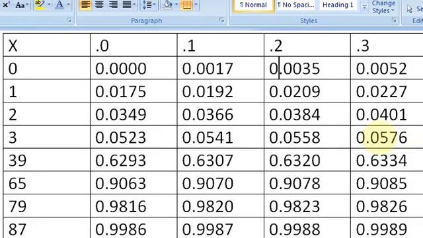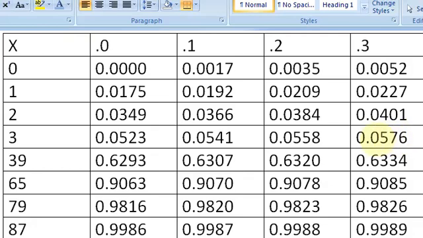What we are now going to do from here is trace it horizontally. Remember, the value given to us is 0.0576. The first job is to detect within the table where the value of 0.0576 is.